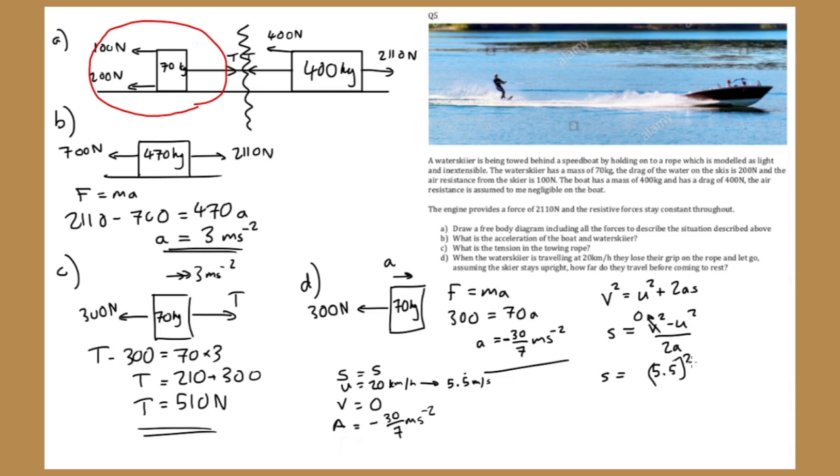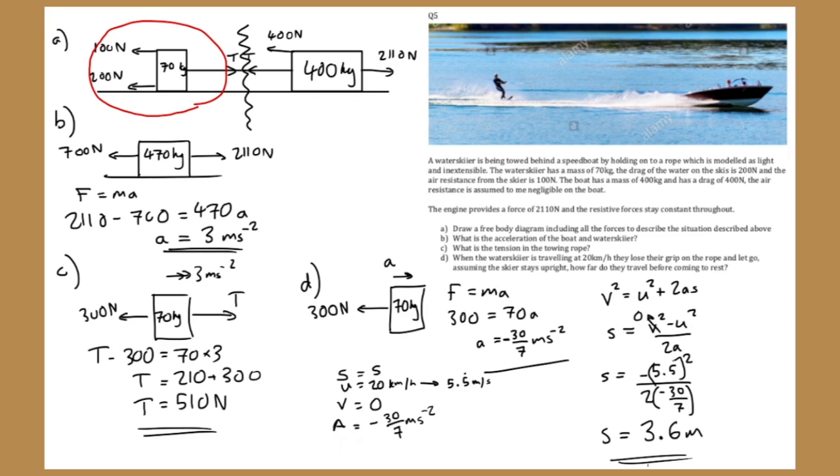Apologies for going between recurring and fractions, that's not great. Over 2 times the acceleration, which is minus 30 over 7. The nice thing is the two negatives are going to cancel. If you've left one of the negatives in and not the other, you're going to end up with a negative result. So make sure that both negatives are there, and that gives us a result of about 3.6 meters.